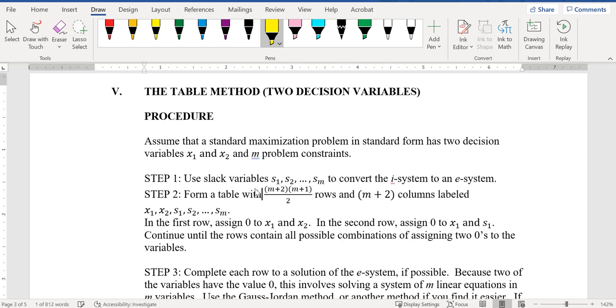In the first row of your table, assign 0 to x1 and x2. In the second row, assign 0 to x1 and s1. You continue until all the rows contain all possible combinations of assigning 2 zeros to the variables.